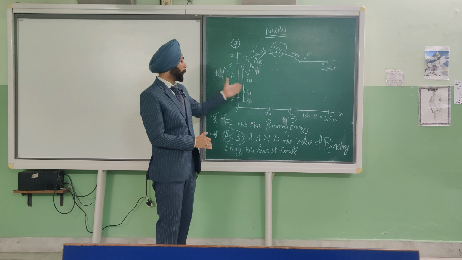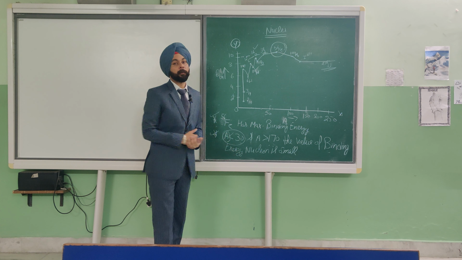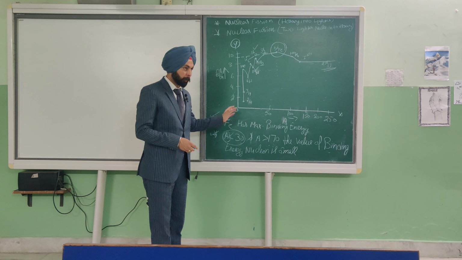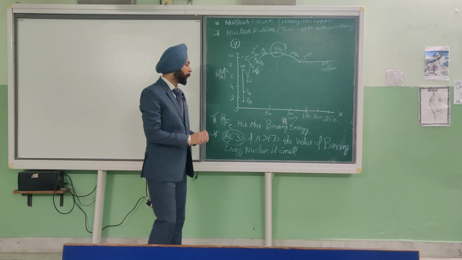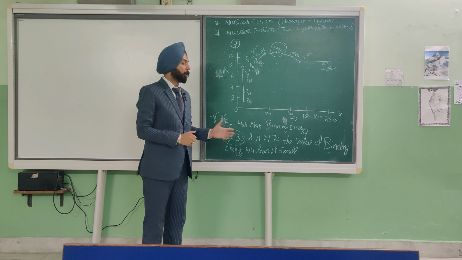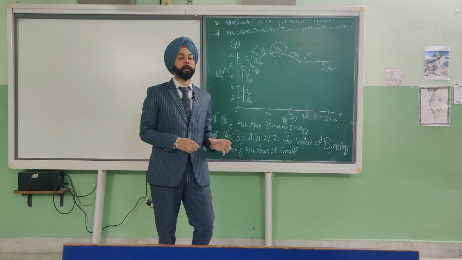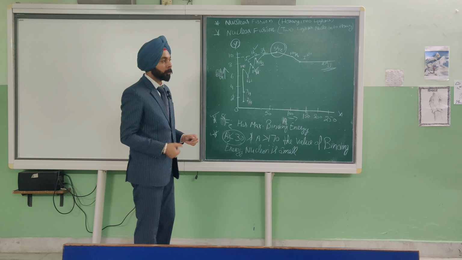Binding energy per nucleon versus atomic mass. This graphical representation is also called a binding energy per nucleon mass curve. Curve के साथ इसको introduce किया जाता है, binding energy curve. It is in your NCERT and in your syllabus also.